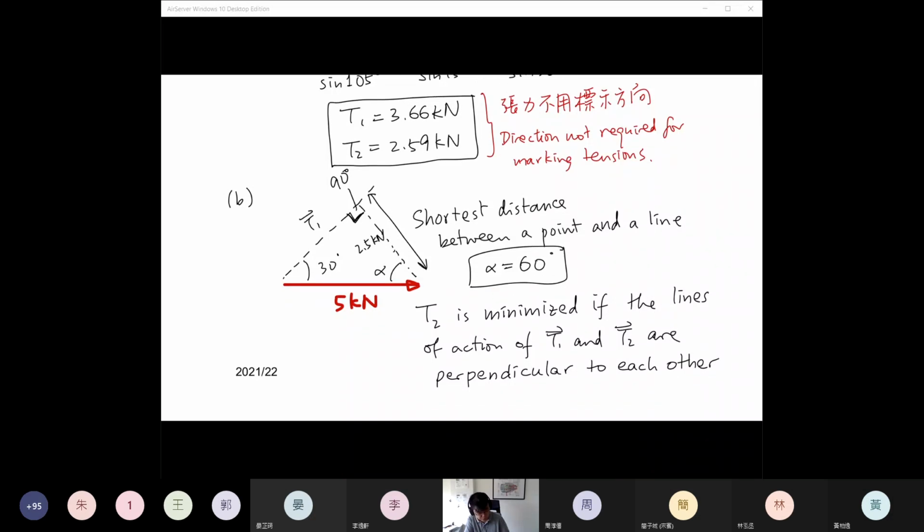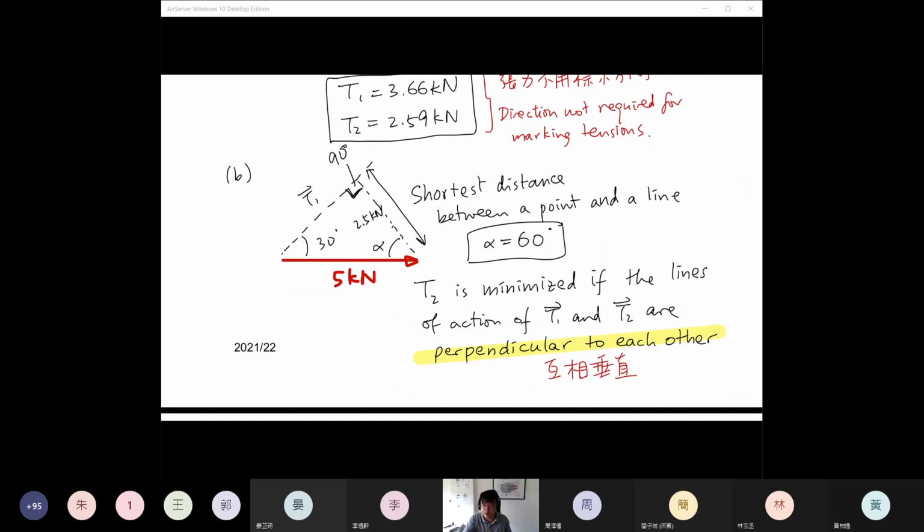I'll give you some time to copy this. Can you read it clearly?